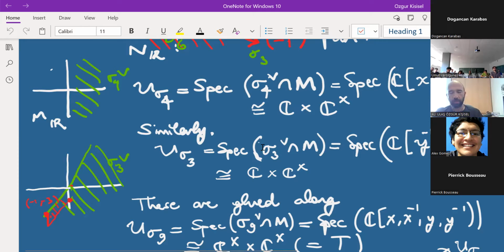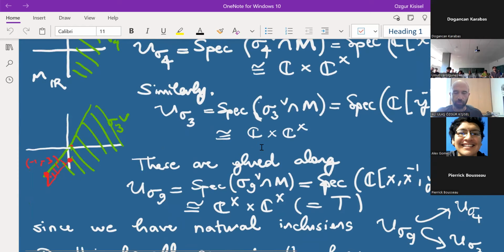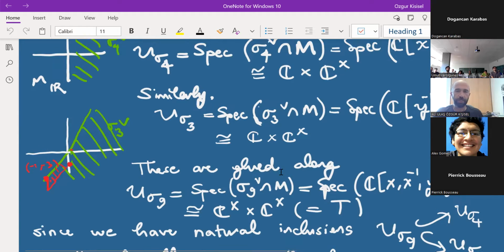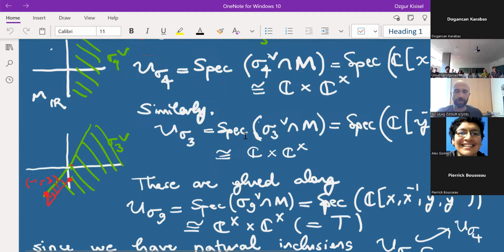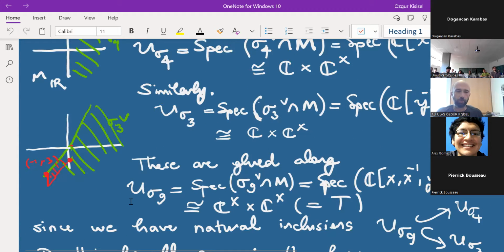In the surface case, there's a natural candidate to glue these, the big torus. That's the dual of sigma 9. So sigma 9 was the origin. The dual of it is anything which pairs non-negatively with 0, and that means everything.